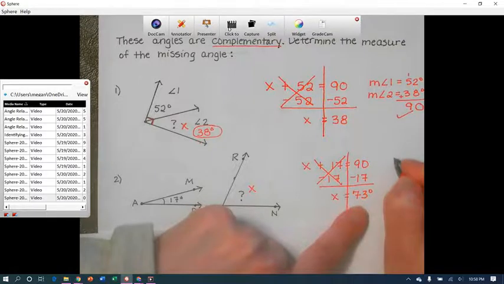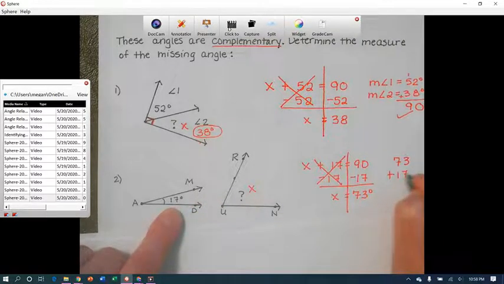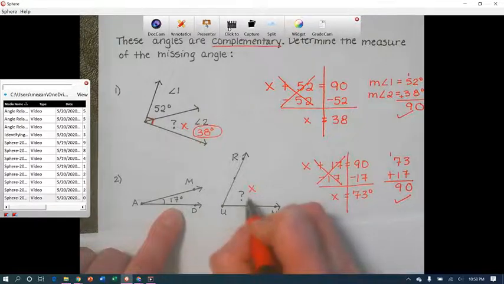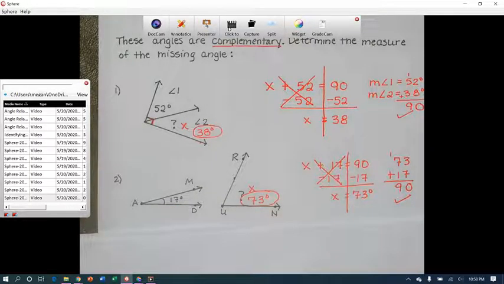Is the 73 degrees plus 17 degrees equal to 90? That does check out, so I know that this is equal to 73 degrees because those are complementary angles. So I set up my equation, solved it, and then checked to make sure, because they're complementary, that these two angles do in fact add up to 90 degrees.